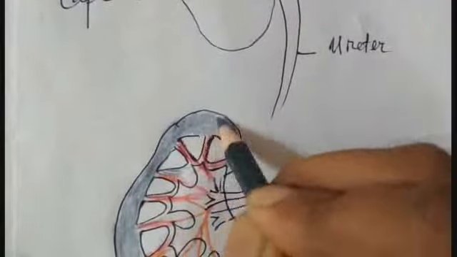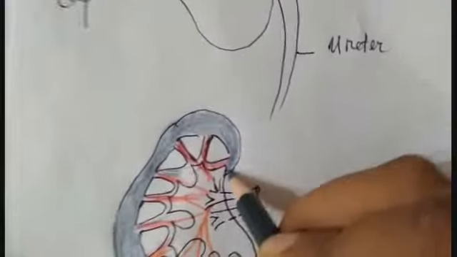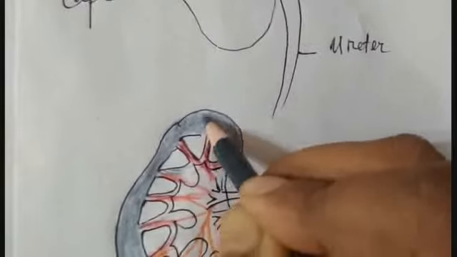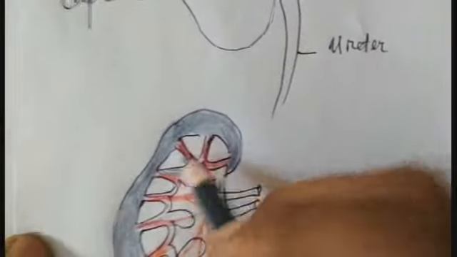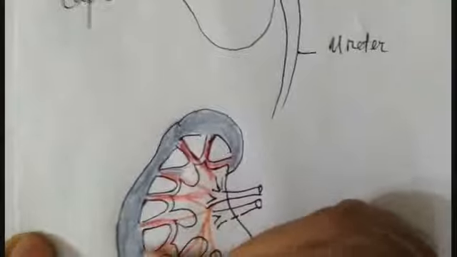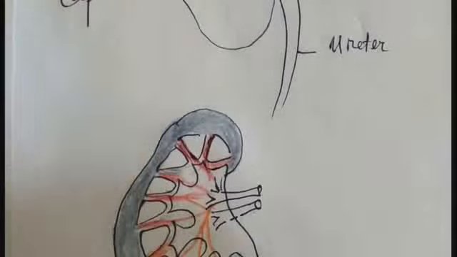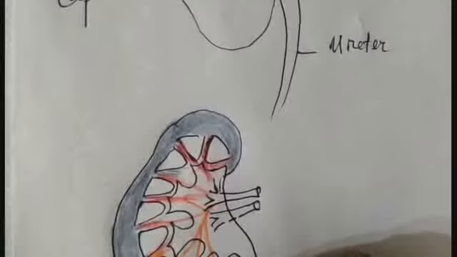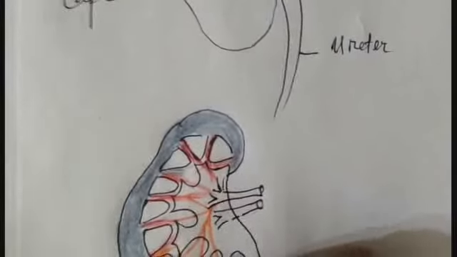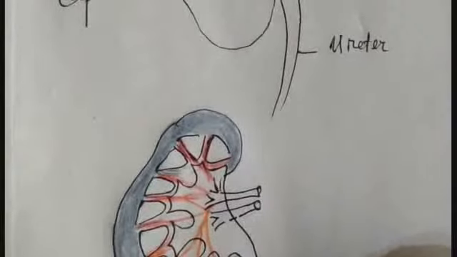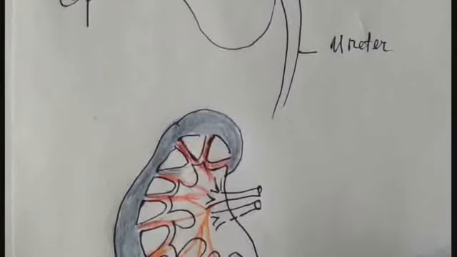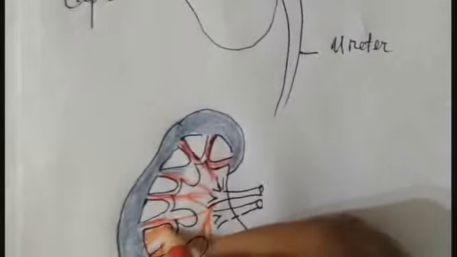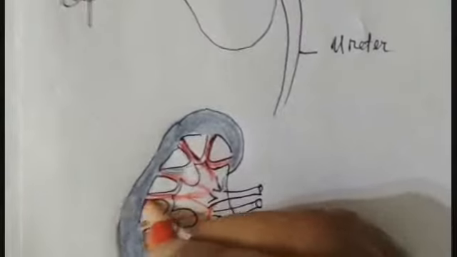A nephron is 3 to 5 centimeters long. A nephron has two main parts, the Malpighian corpuscle and the renal tubule. The Malpighian corpuscle has two parts, glomerulus and Bowman's capsule, and the renal tubule has three parts: PCT, that means proximal convoluted tubule, Henle's loop, and distal convoluted tubule.